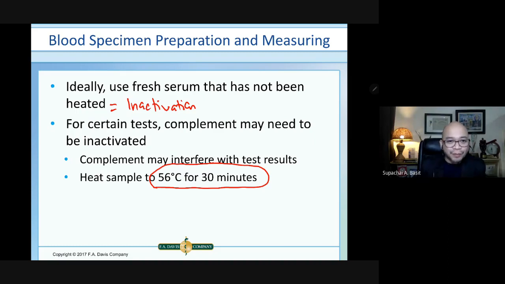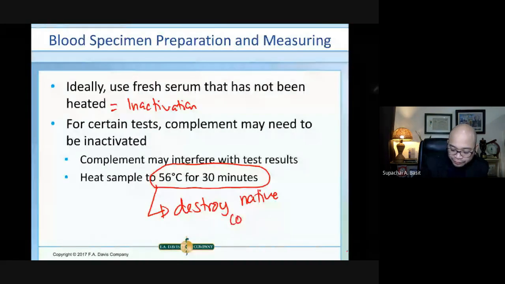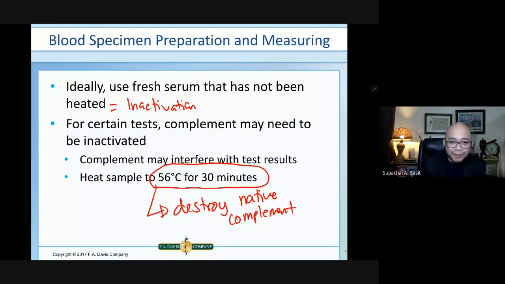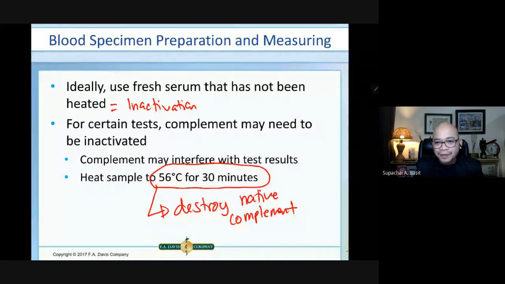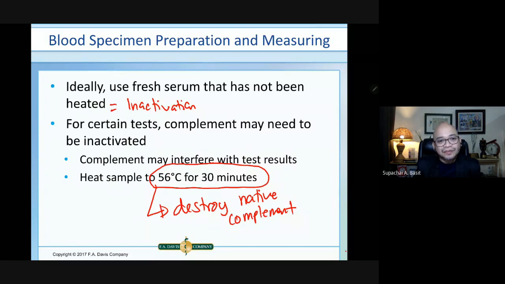The purpose of inactivation is to destroy native complement. Remember the complement system, the proteins involved in complement? Complement may interfere with test results.